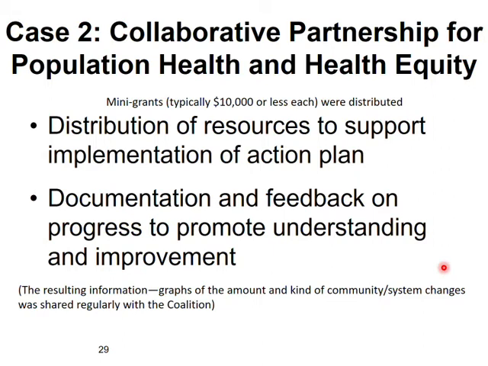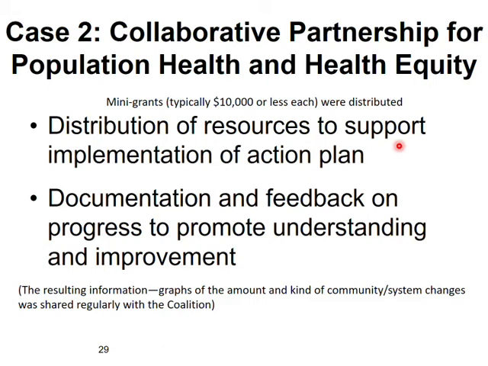For this particular partnership, they also provided mini grants. About $10,000 or less were distributed so that there is equal sharing of resources to help these action plans that they came up with in their strategic plans.